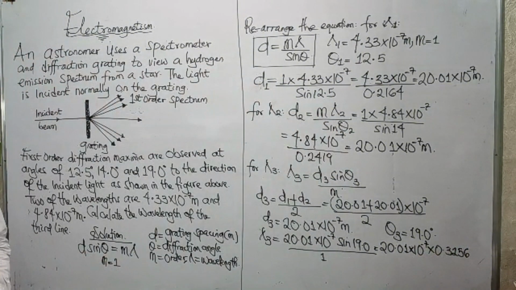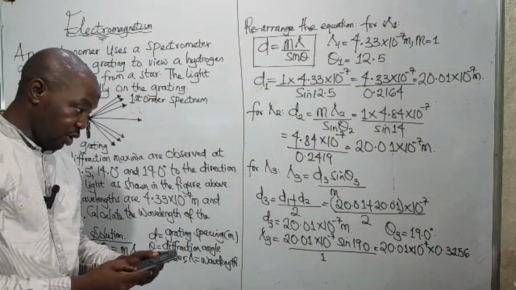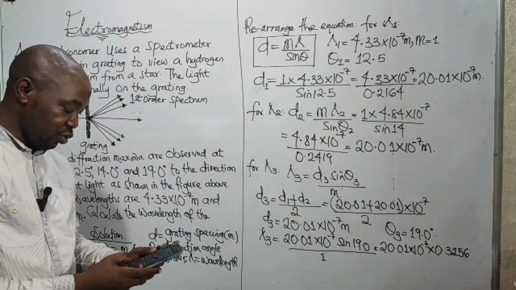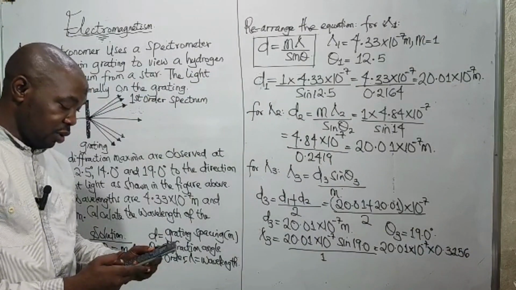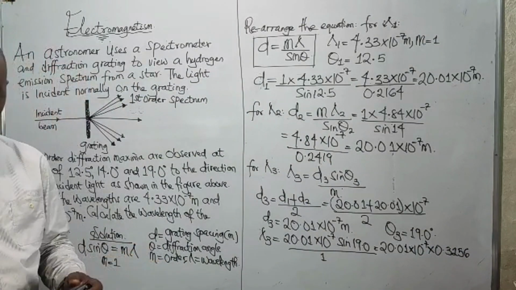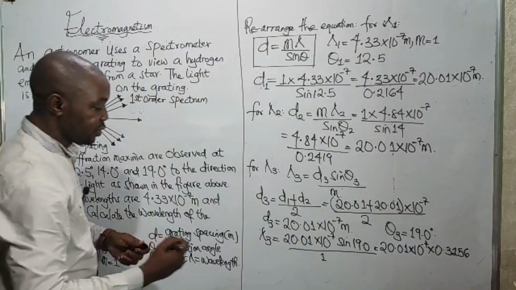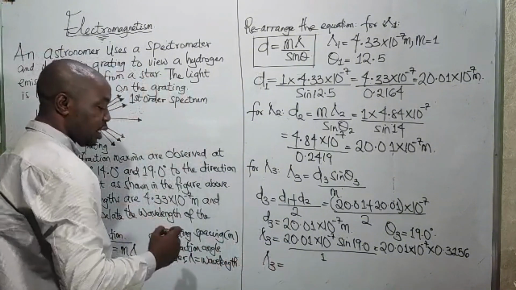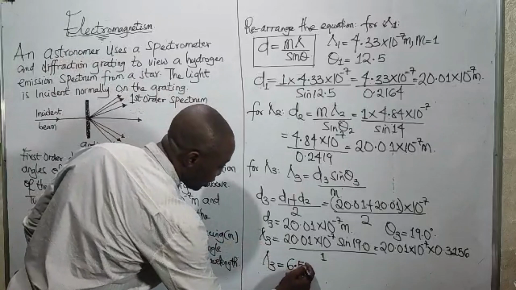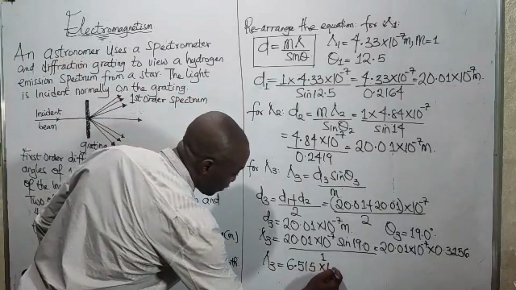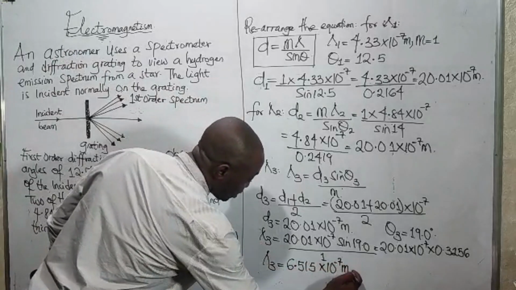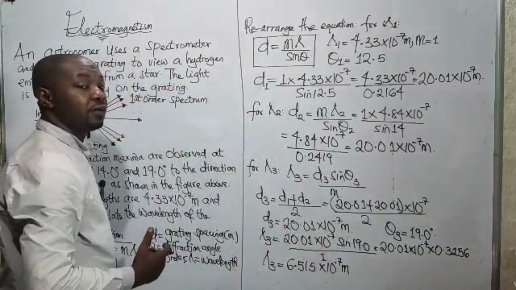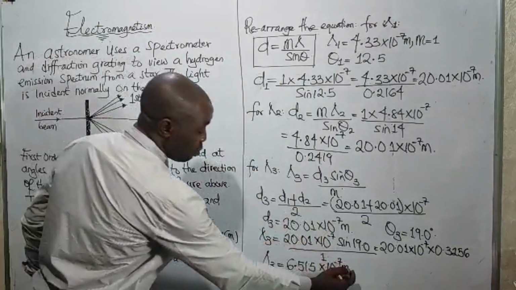When we multiply 0.3256 by 20.01, we're going to have 6.515. So the wavelength of the third line will now be 6.515 multiplied by 10 raised to the power of minus 7 meters.